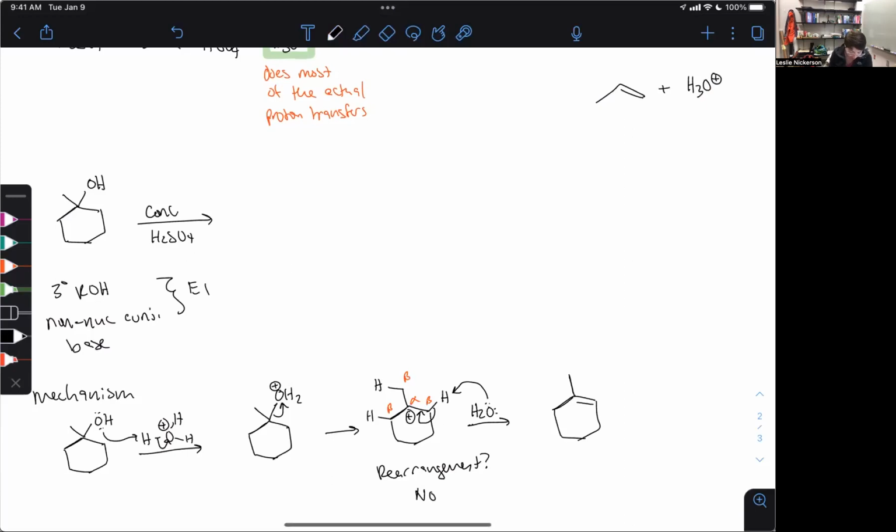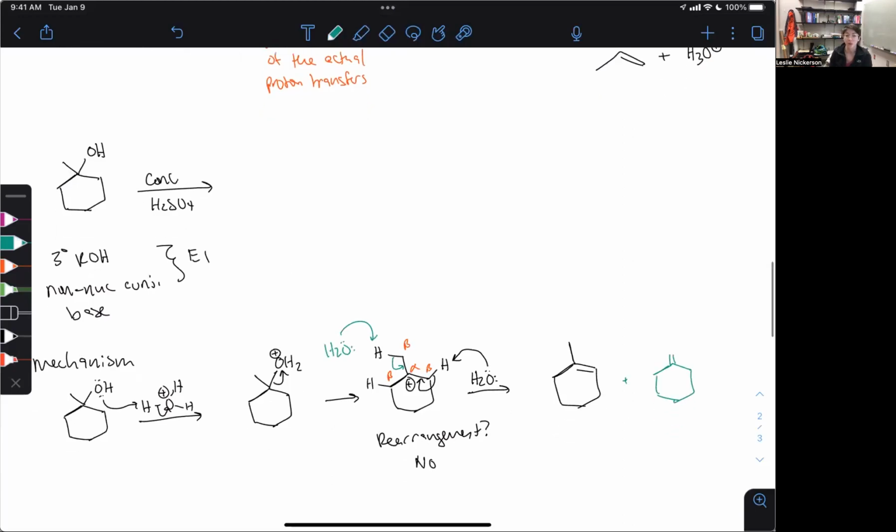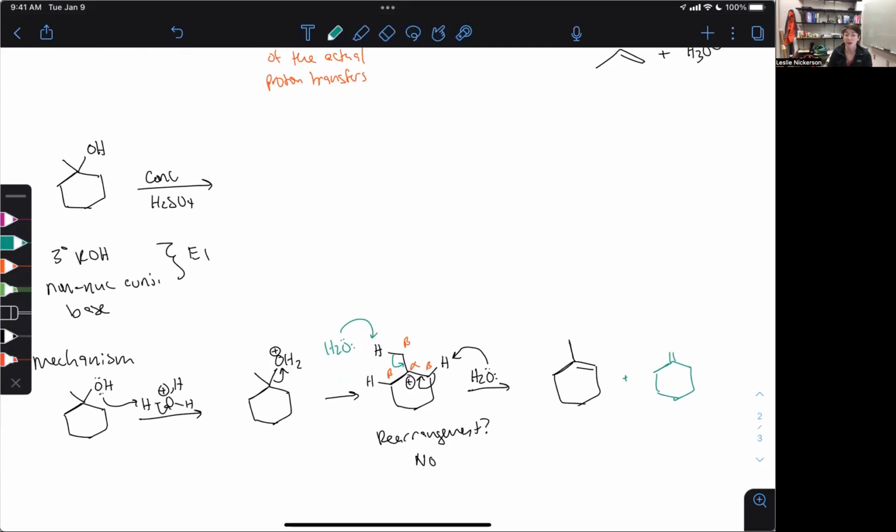So we're going to get that product, or we can have water grabbing this proton to make that product. Okay, this is going to go by the same kind of elimination rules where the more stable, more substituted alkene is major.